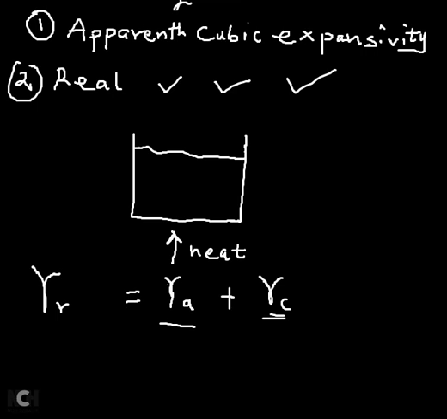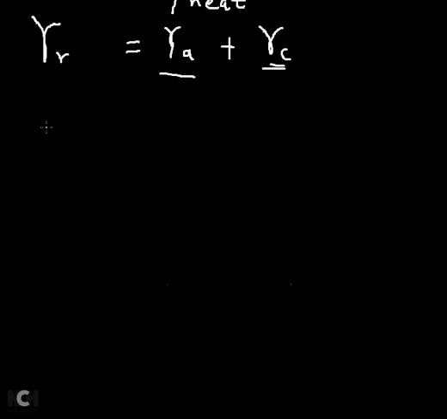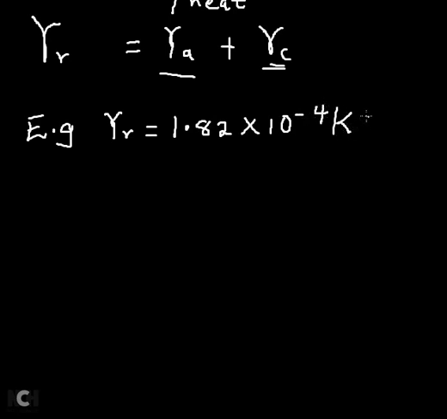I think I'm going to illustrate this using an example. So I have a particular question here. The question goes like this. According to the question, the real cubic expansivity for mercury is given as 1.82 times 10 raised to the power of minus 4, please pardon me, per Kelvin.